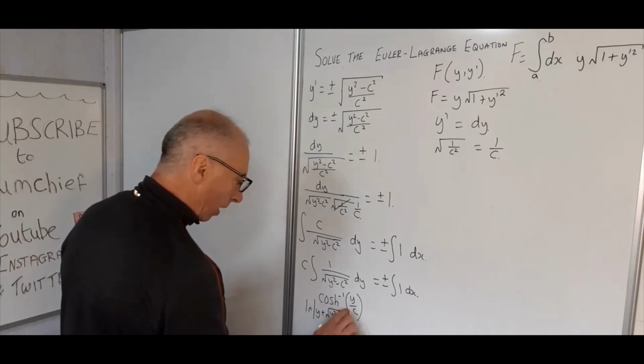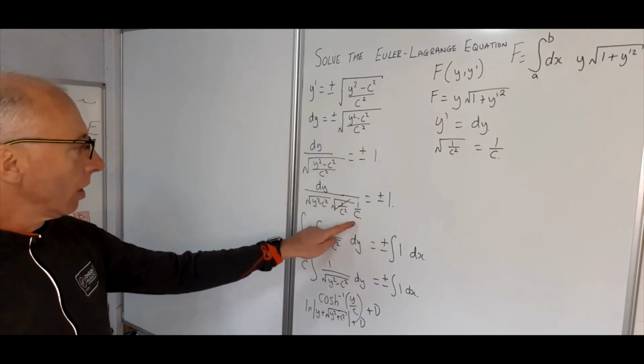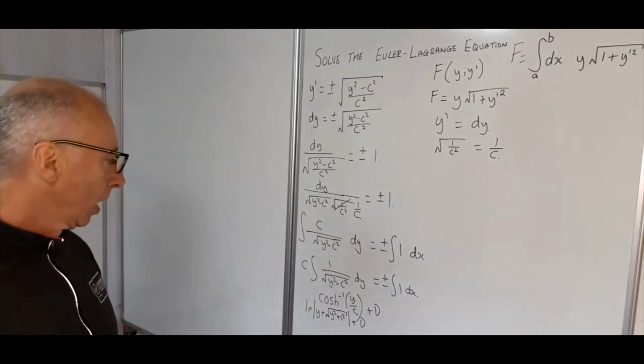And we mustn't forget our constant multiples in both cases, which we'll call d this time because we've already used c, so we need a new constant multiple.